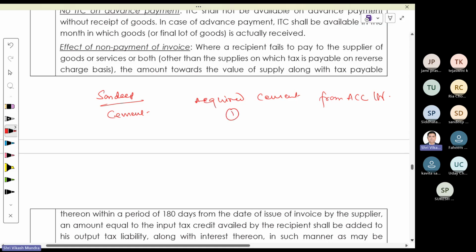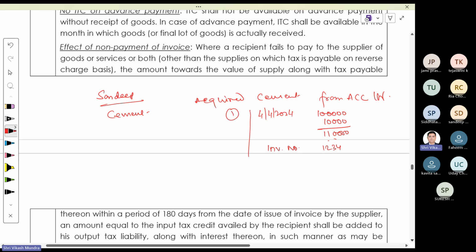Only one invoice has been made, dated 4th April 2024. The invoice amount was 1 lakh, GST at 10% is 10,000, total 1,10,000, and the invoice number is, say, 1234.